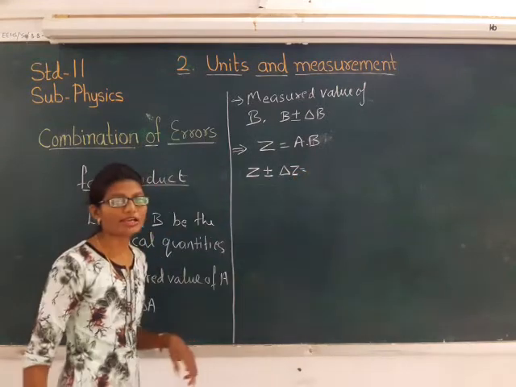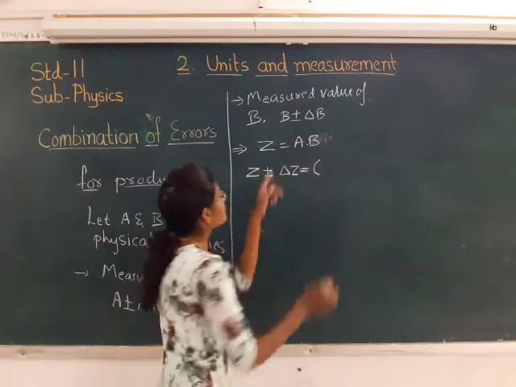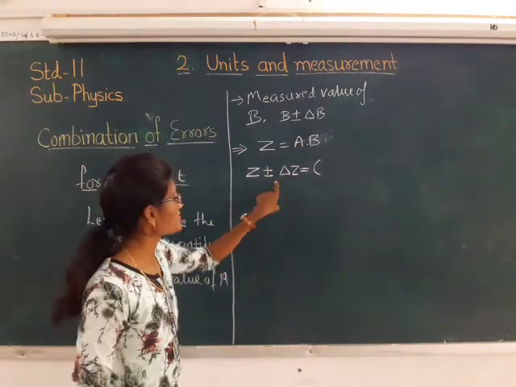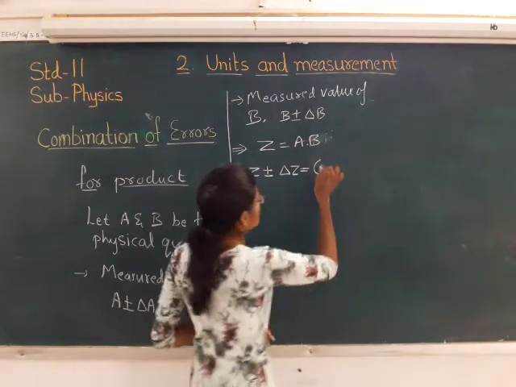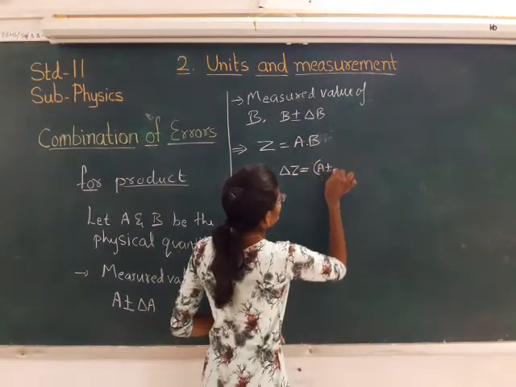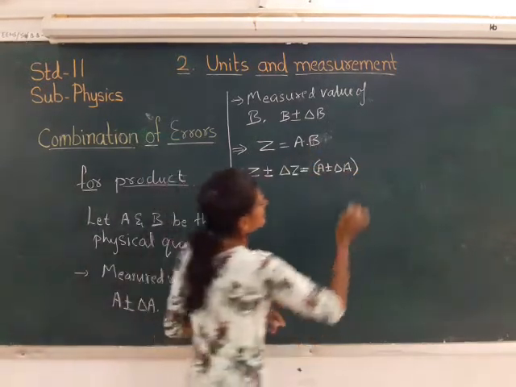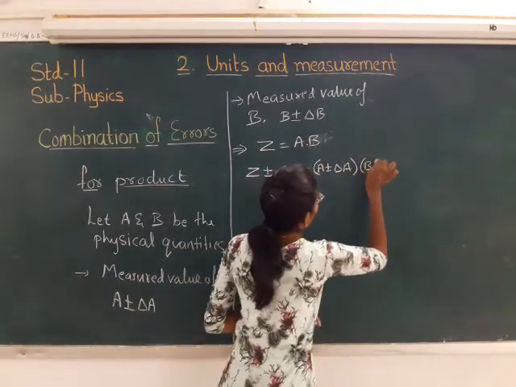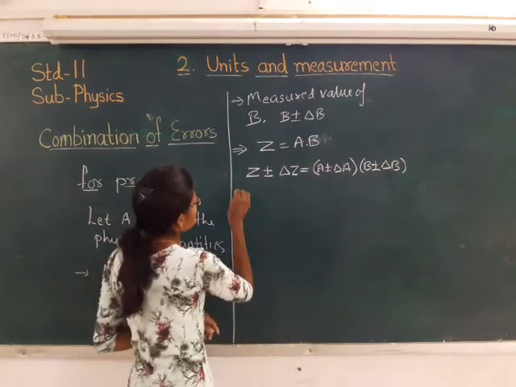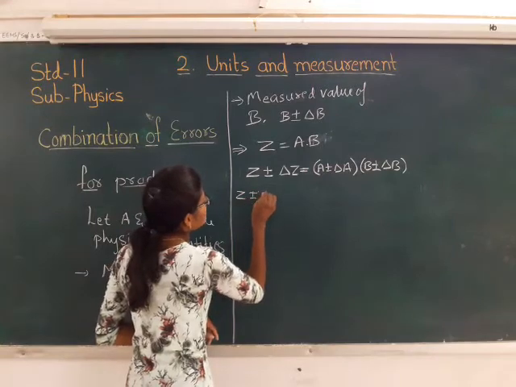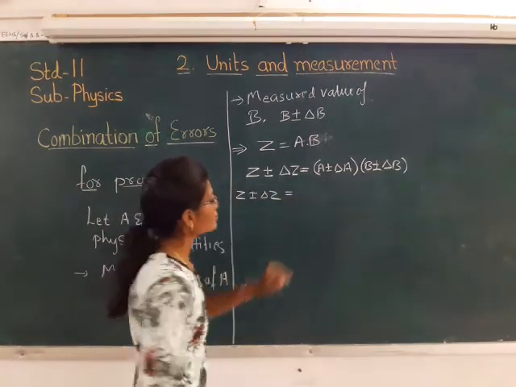That is the measured value of Z. Here now see, Z we have represented like this, Z plus minus delta Z. Here we have A, which can be represented as A plus minus delta A, and B is represented as B plus minus delta B. Now see, opening this bracket, what do we get over here?